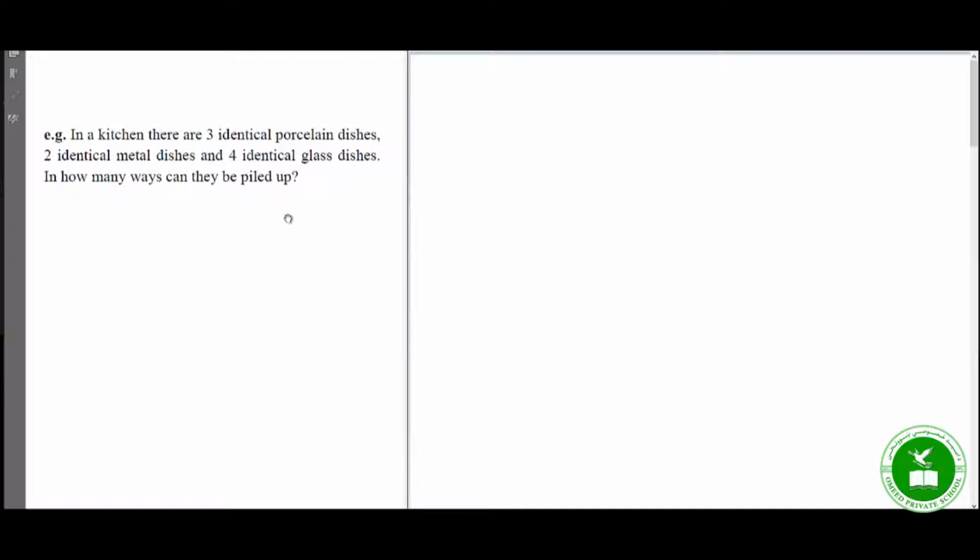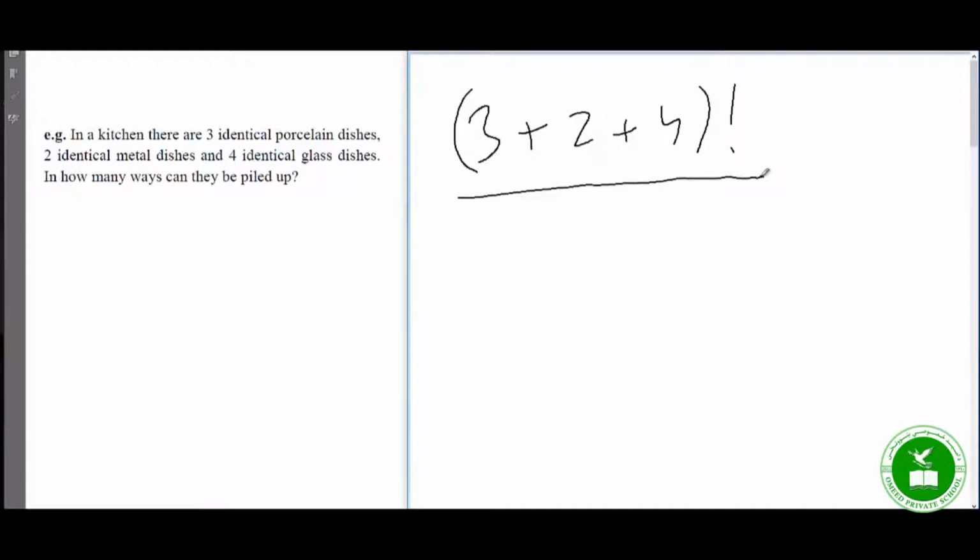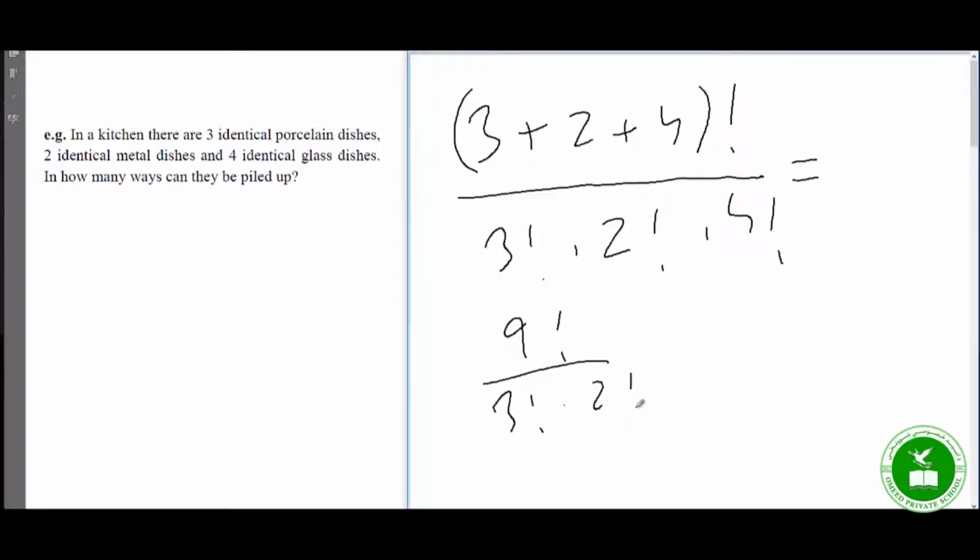The total number of dishes is 3 plus 2 plus 4, factorial, over how many same porcelain dishes are there? 3, so 3 factorial, times metal dishes, 2 factorial, times the same glass dishes, 4 factorial. It is equal to 9 factorial over 3 factorial times 2 factorial times 4 factorial, and if we calculate it, we get 1260 different ways to line them up.